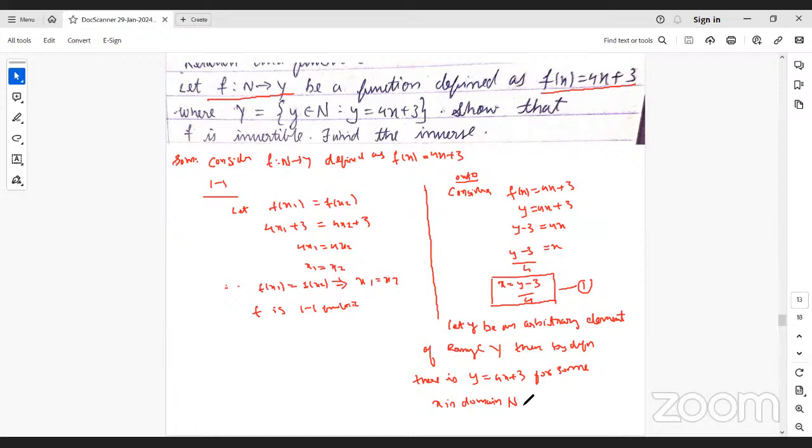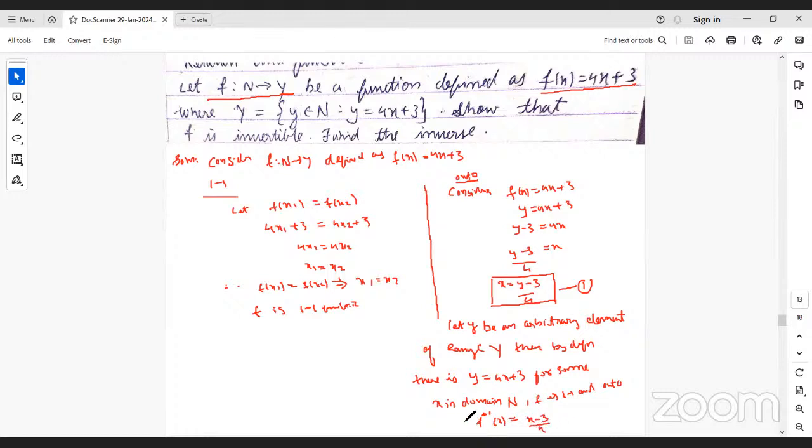So we need to write this down as f inverse. f inverse of x is equal to, and here you need to write: f is one-one and onto, therefore f inverse of x is equal to x minus 3 upon 4.